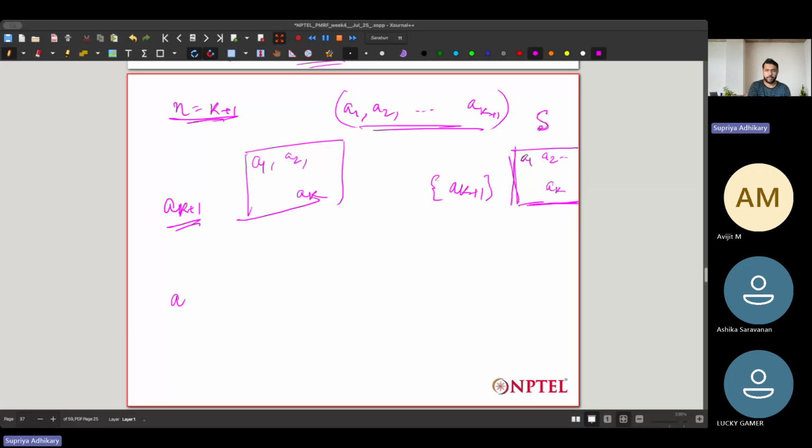That gives us Pk many partitions, because there are k elements over here.